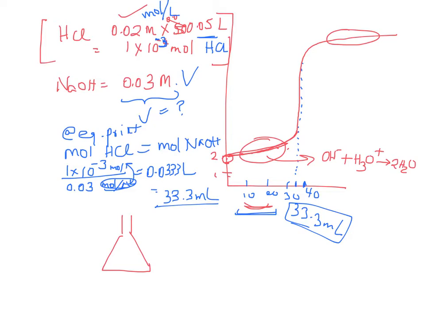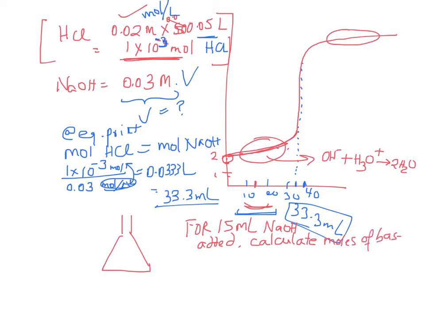Now, my initial moles in the system are 1 times 10 to the power of -3 moles. That's what I am beginning with. If you pick some volume of base added, let's say you have added 15 milliliters, I want to calculate the moles of base.